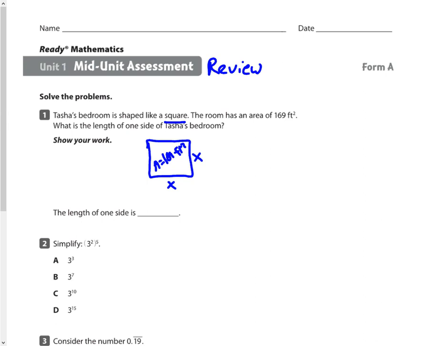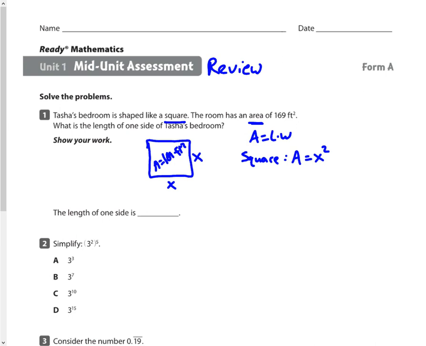So think about area. We know area is length times width. But for a square, if both the sides are the same, area is just x times x, or x squared. So you can just multiply one side by itself to get the area.